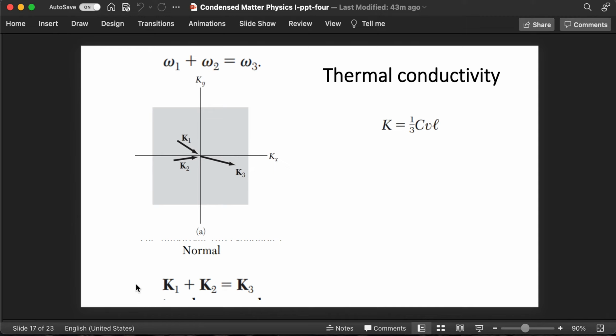Let me put it this way. Take the case of electrical resistance.